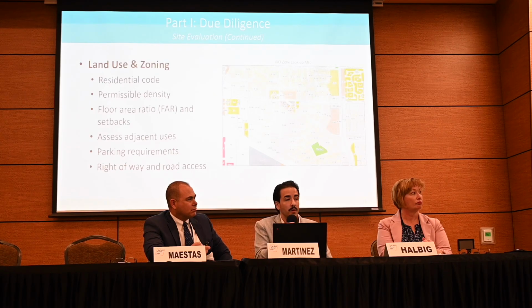The developer is also going to want to understand the right-of-way infrastructure requirements. So they may need to pay for the improvements to walkways or road access points that are part of that development. And this is another major area where, as a municipality, you'll want to ensure that the land use regulations and permitting processes are actually in line with your housing goals.